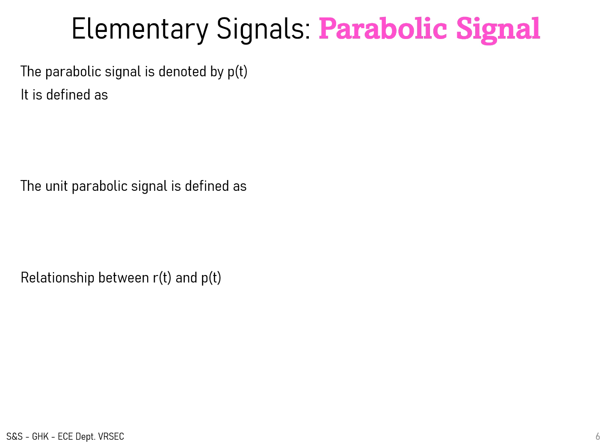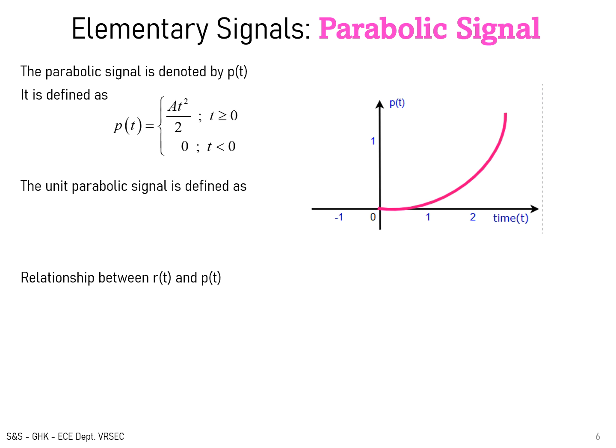Parabolic signal. Here the parabolic signal is denoted by p of t. For t greater than 0, the curve represents a parabolic curve, and it is defined as p of t equal to a into t square by 2 for t greater than or equal to 0 and 0 for t less than 0.